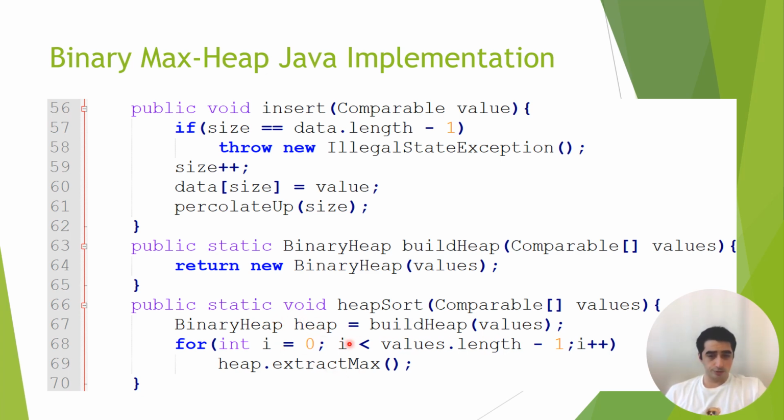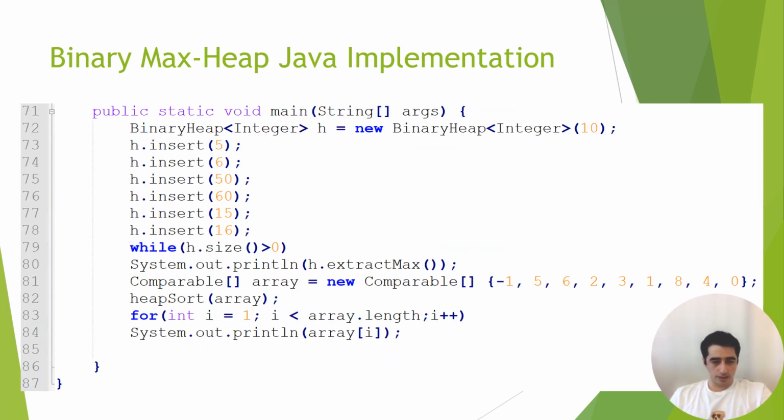Then in a for loop, we're going to keep extracting the maximum. When we extract the maximum, we place it at the end, and this operation happens many, many times, causing a sort operation on the given array. And that's how you sort the whole array. I'm going to show you how this heap sort operates with a simple example in the next slides.